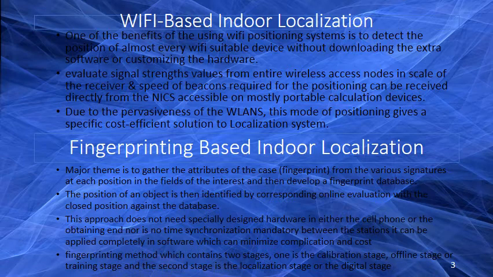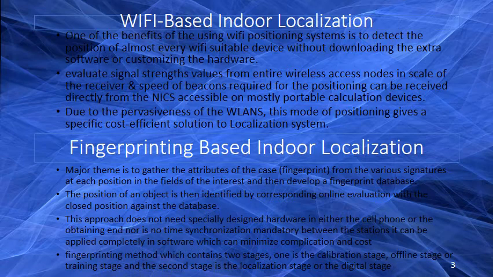This approach does not require specifically designed hardware in either the cell phone or the receiver, and no time synchronization is mandatory between the stations or reference points. It can be applied completely in software, which can minimize the complications and cost.